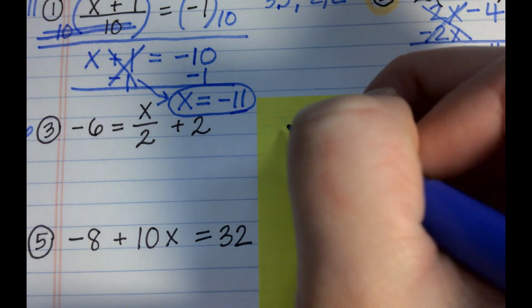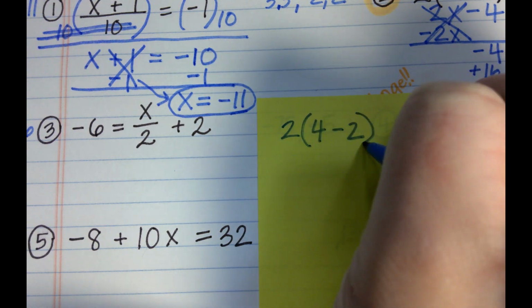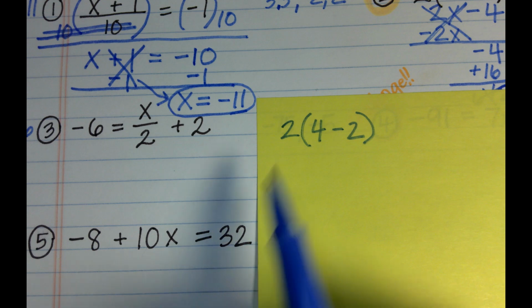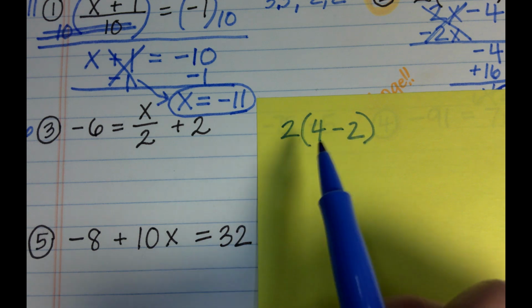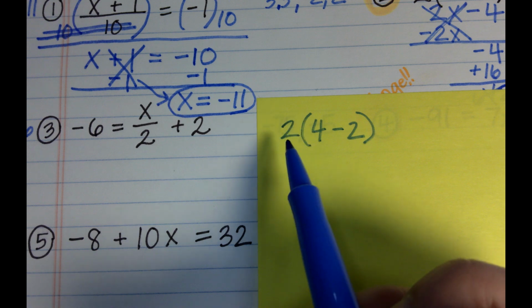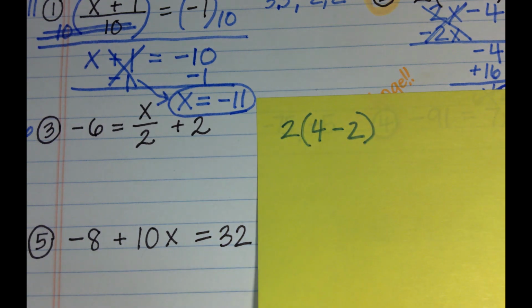If I had a problem like 2 times 4 minus 2, we would look at the order of operations and say, okay, I'm going to do parentheses first, and then I could do 4 minus 2 because it's in parentheses, or I could do multiplication first because that's what the order of operations tells me to do.